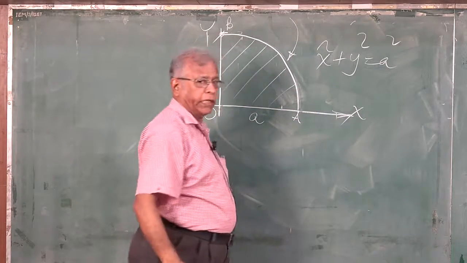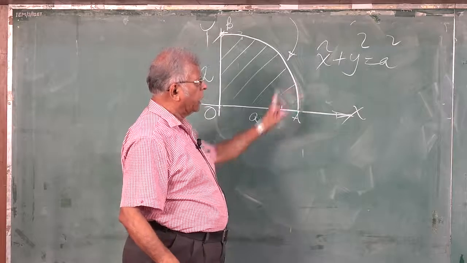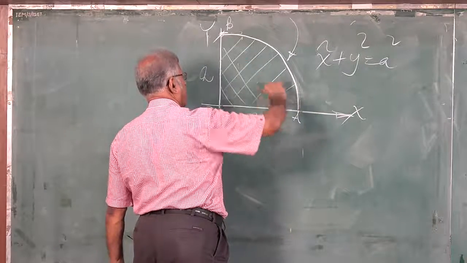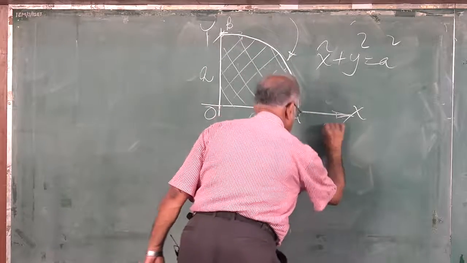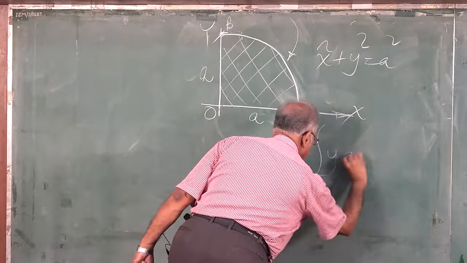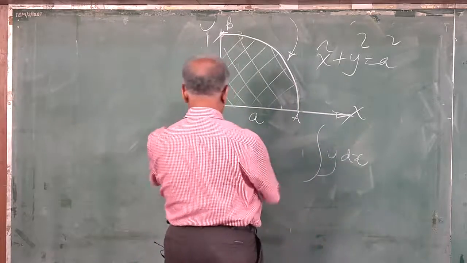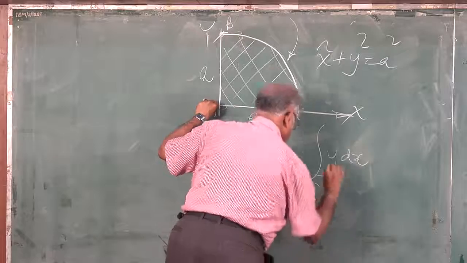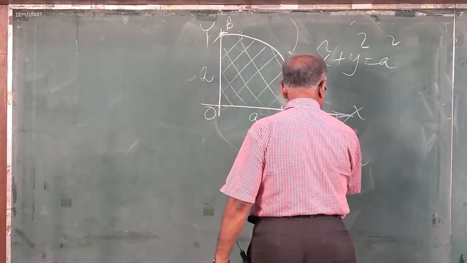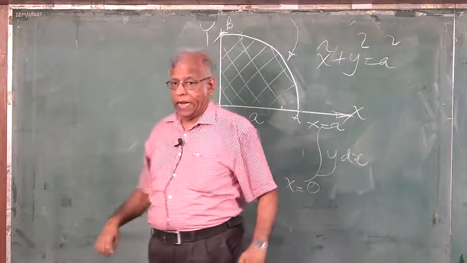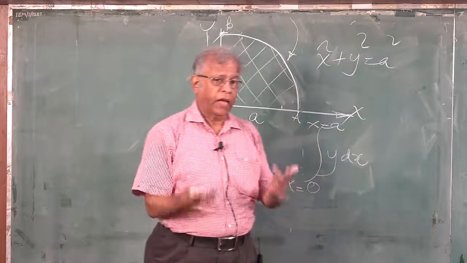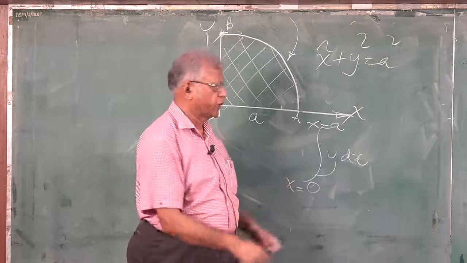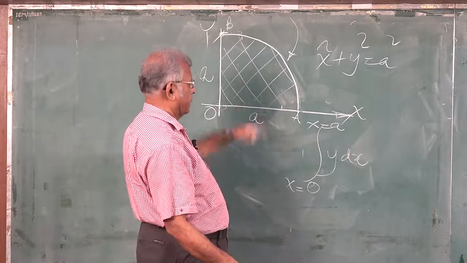So, we are going to evaluate the value of the integral of y dx from x is equal to 0 all the way up to x is equal to a. And if we are able to do that, we will have in our hands the area of one quadrant of a circle, and that is shown here.